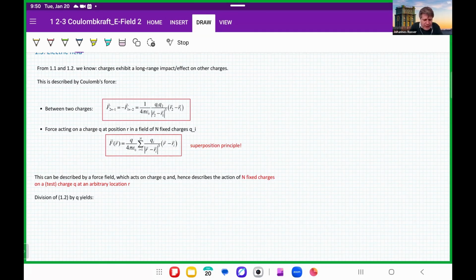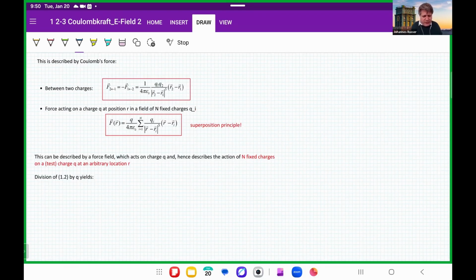And this force field, we can basically normalize it, taking out the contribution of that specific test charge, and define the electric field.